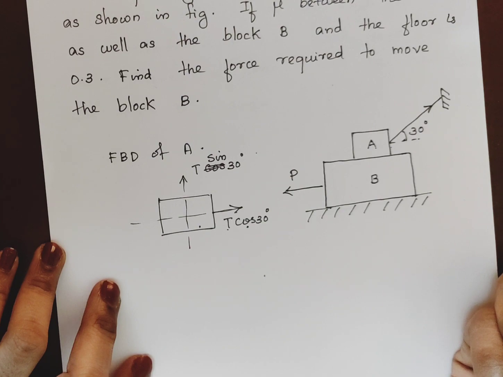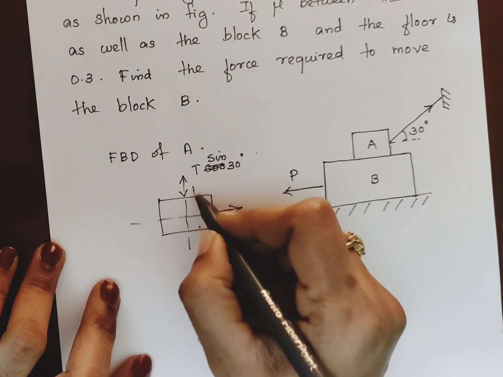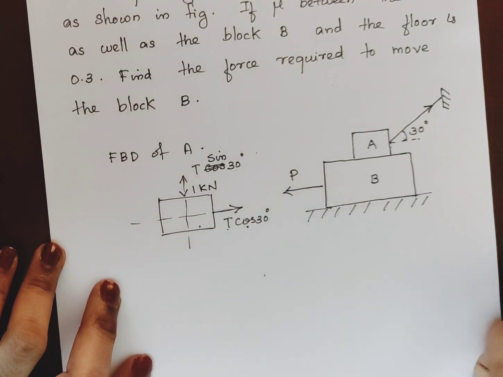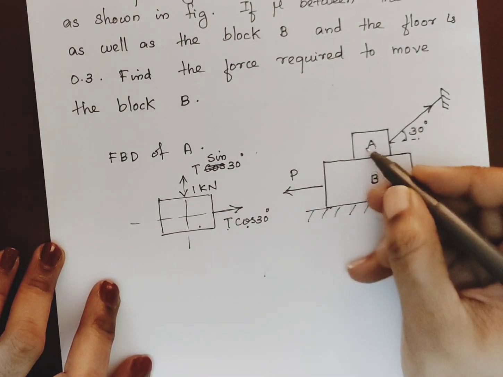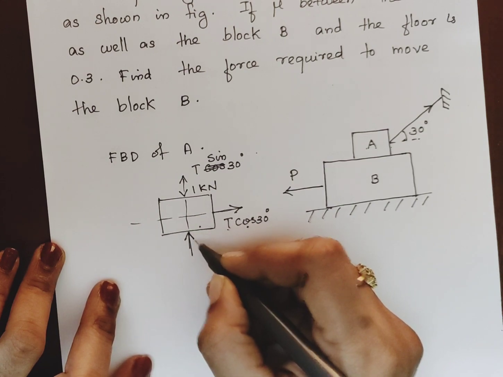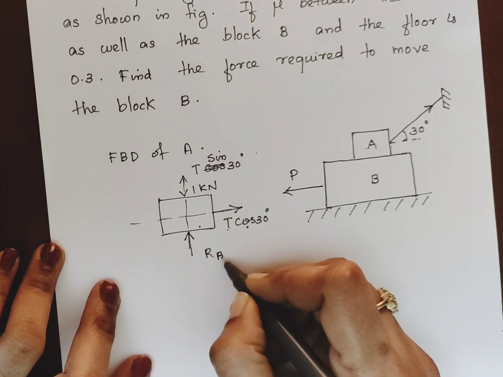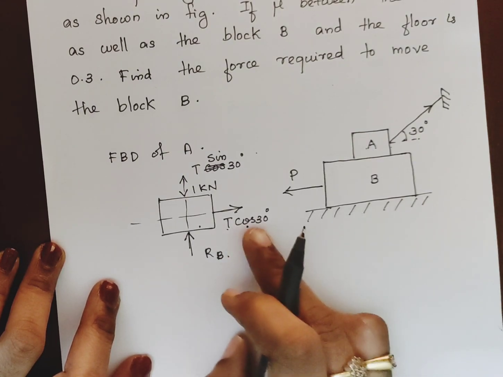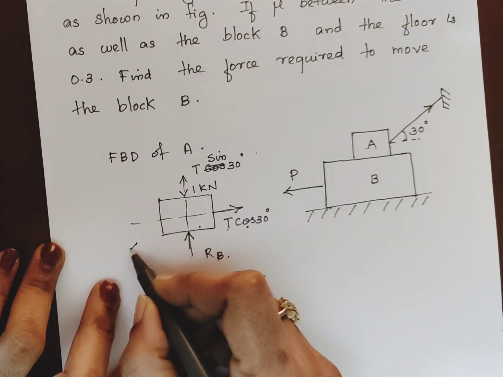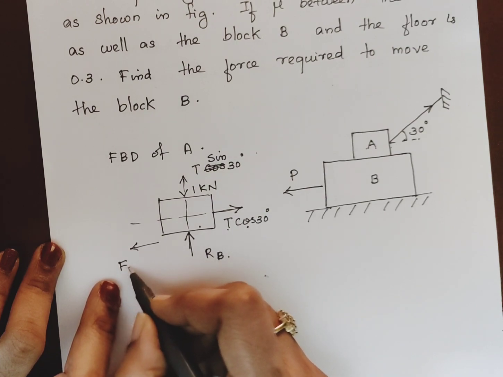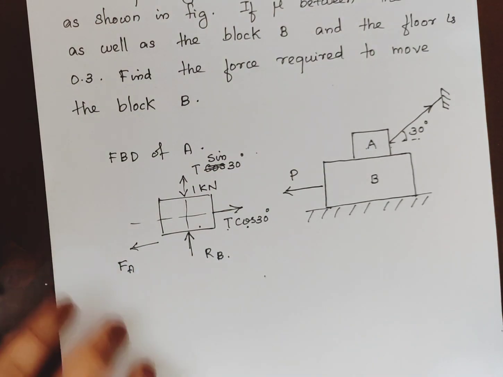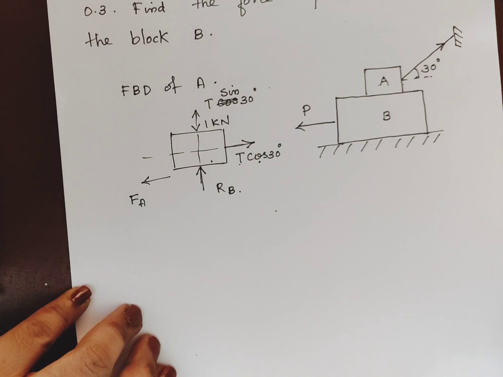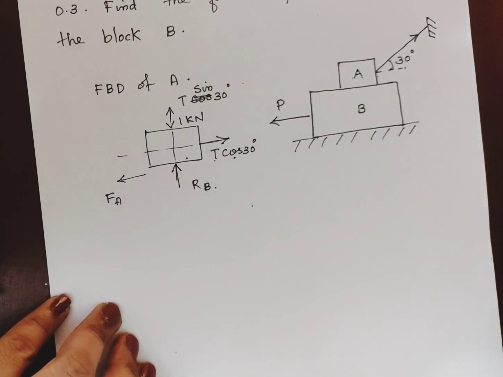So now the weight of block A, that is 1 kilonewton, is acting downward. And there will be a reaction exerted by block B. This is represented as RB. This is the direction of movement of A, so friction is acting towards this direction. This is FA. So now you have to write the equation of equilibrium.